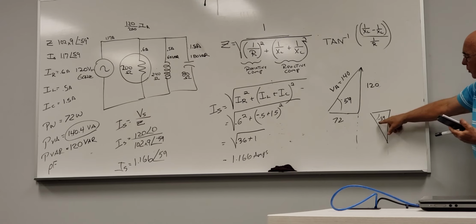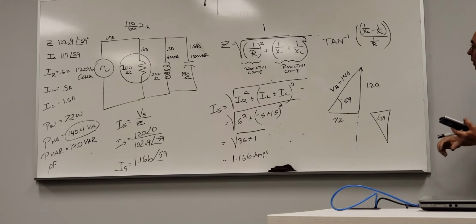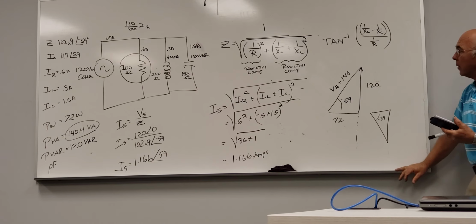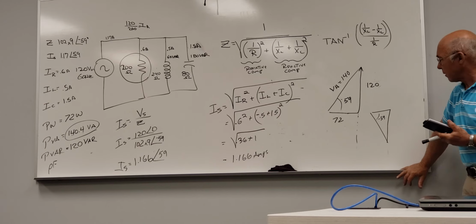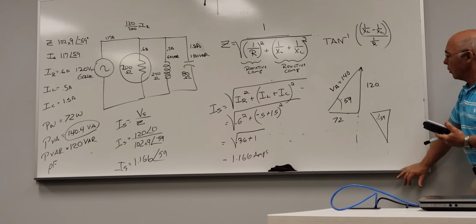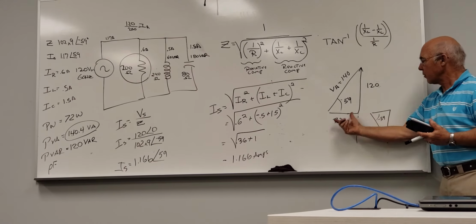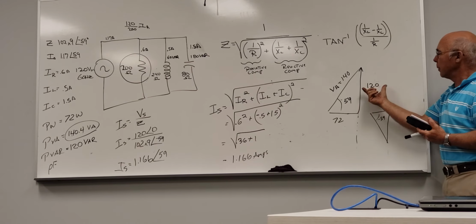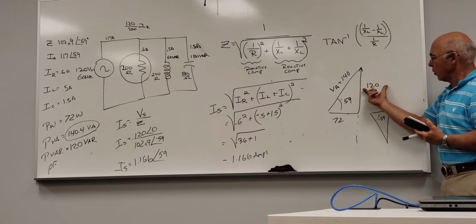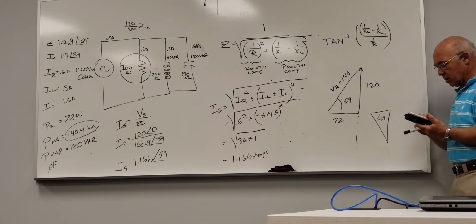The power factor will simply be the cosine of this angle. We find the angle, which is the arc tangent of 120 divided by 72.